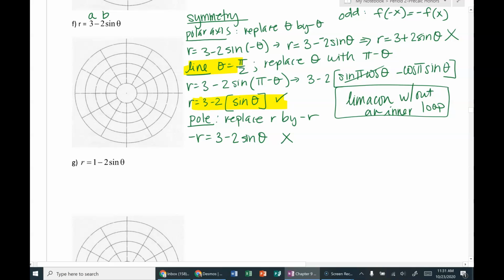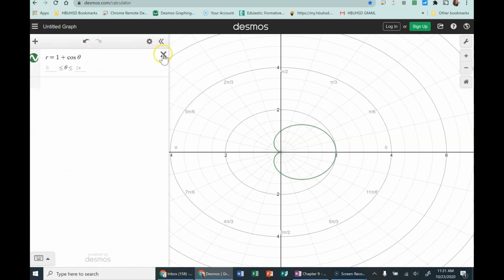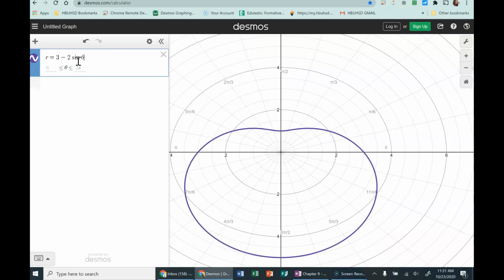Okay, so now let's use Desmos to help us out with this graph. I will now flip my computer. So I will erase the cardioid and enter in your r equals 3 minus 2 sine of theta.